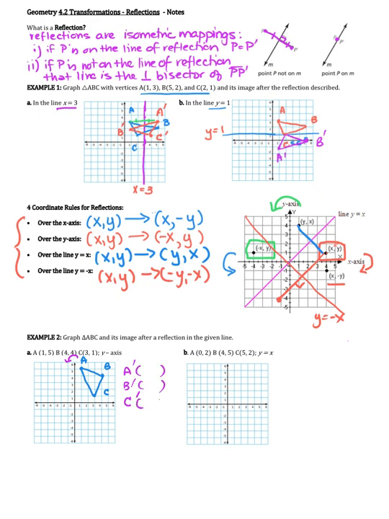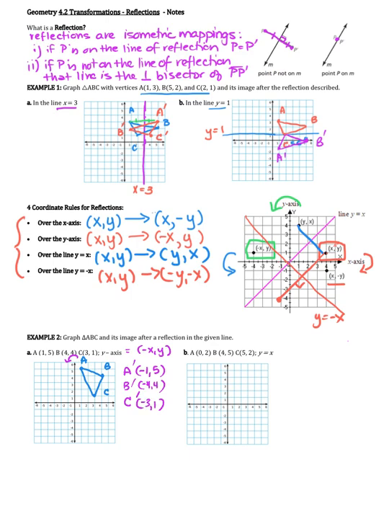So since we're going over the y-axis, the y-coordinate will stay the same, but you're now going to have the opposite x. As a reference point, it's not a bad idea to write the rule, and then you'll become a little more intuitive with it. So this will become (-4, 4), (-3, 1).